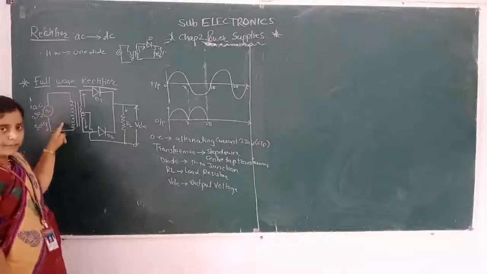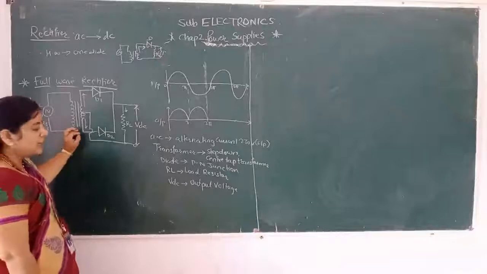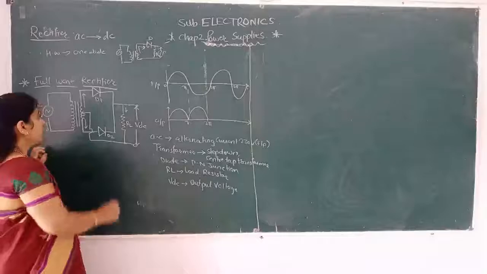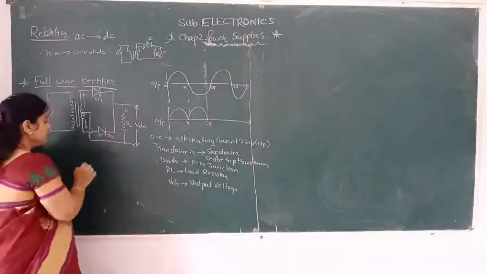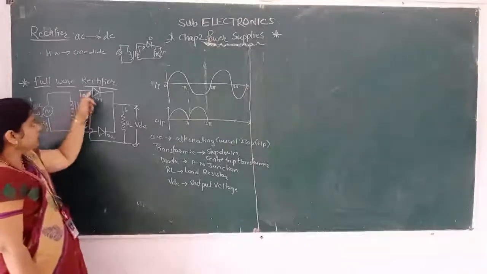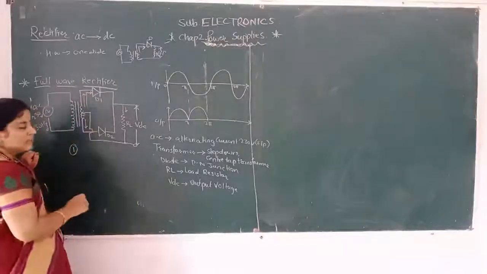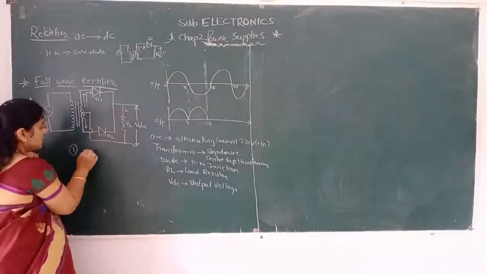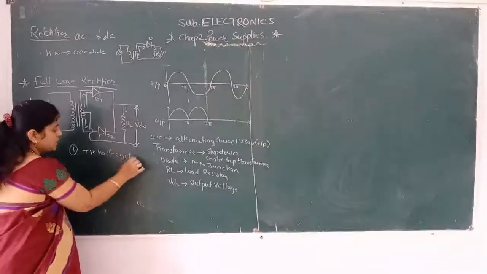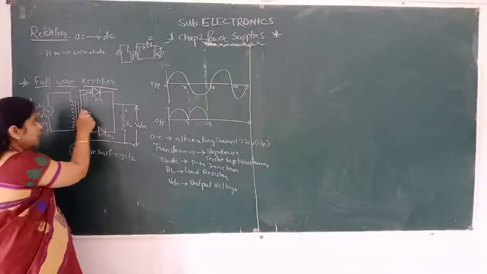When AC is given to this transformer, the transformer isolates and gives the supply at the output. There are two conditions, or two cycles. The first cycle is where it is forward biased, and current will flow in this direction. In the positive half cycle, current flows through the secondary of the transformer.